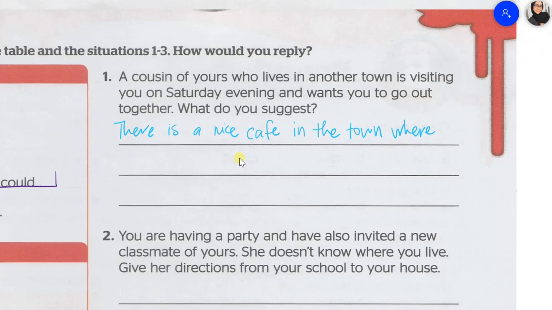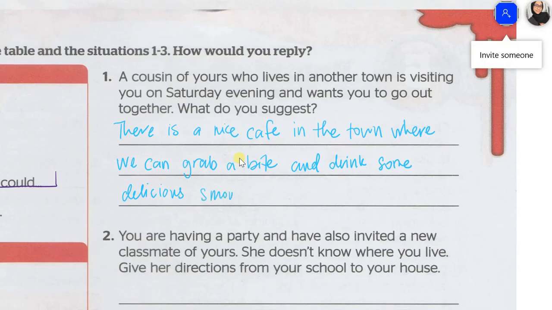Where we can, what? Grab a bite and drink some delicious smoothie.